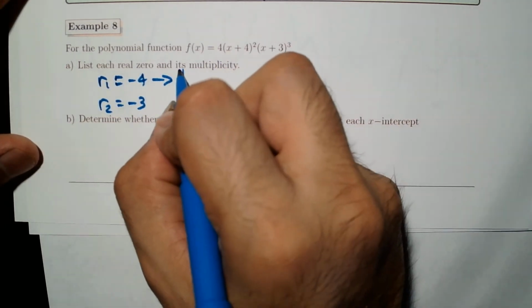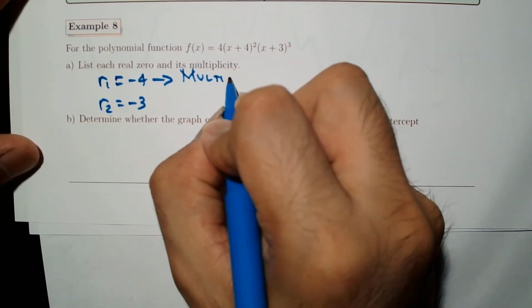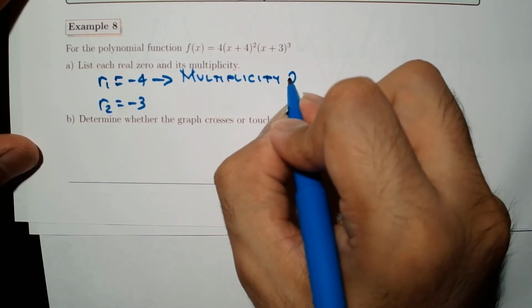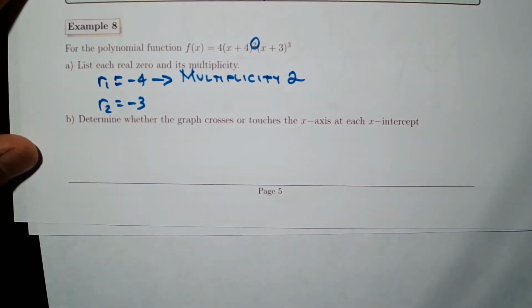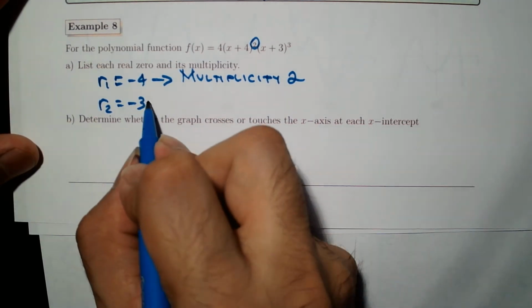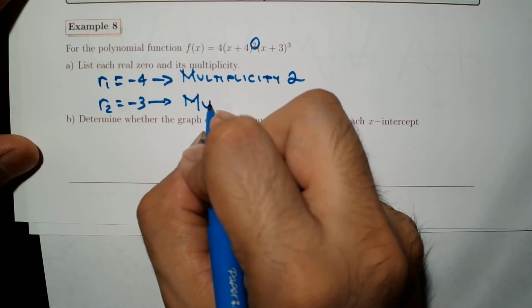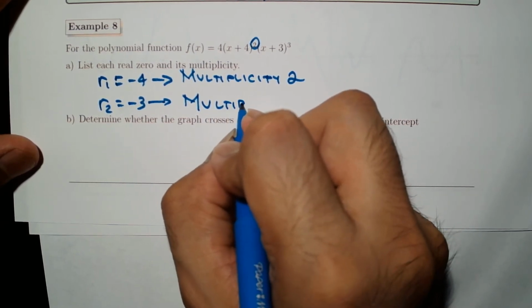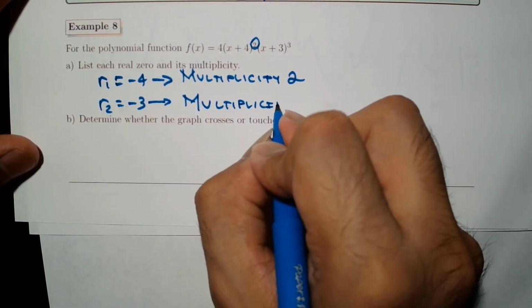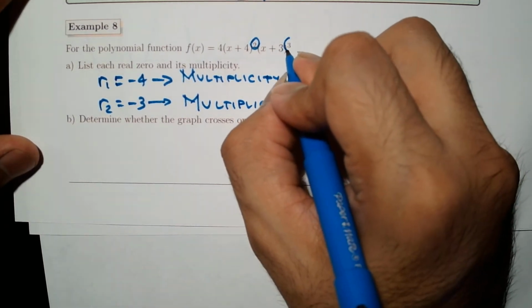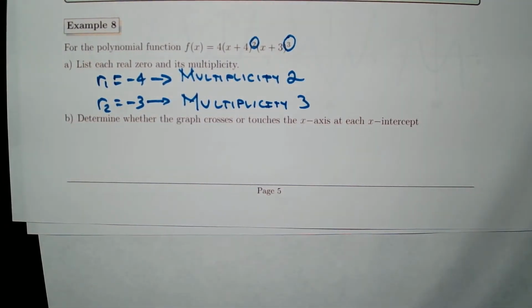This one has a multiplicity of 2 because that's its power, 2. On the other hand, r2 equals -3 has a multiplicity of 3 because 3 is its power.